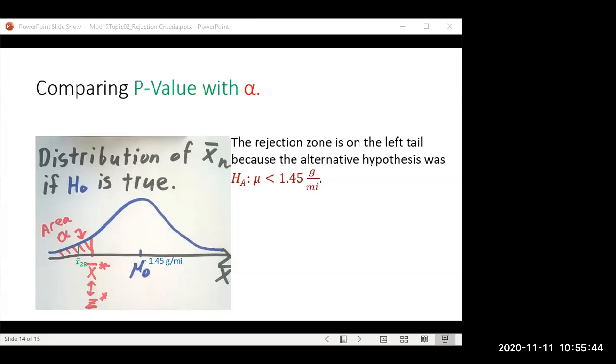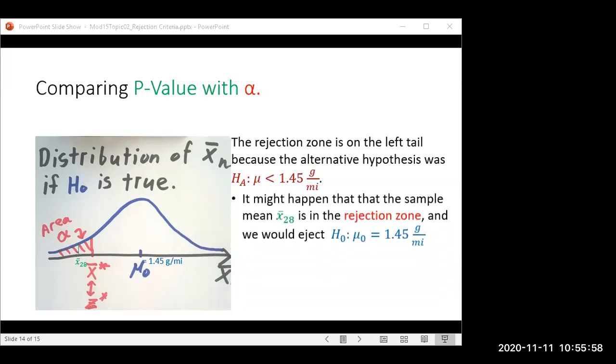If the sample mean that you got was where this green one is over here, that would mean we would reject the null hypothesis. So if that happens, what could we say about the p-value? I need to show you where the p-value is in this picture.